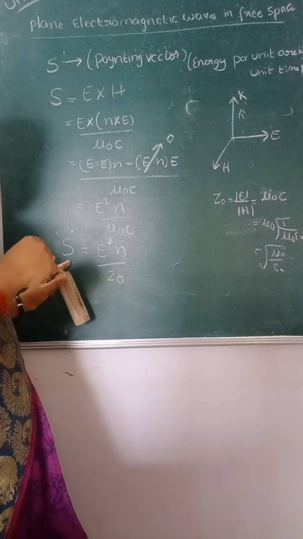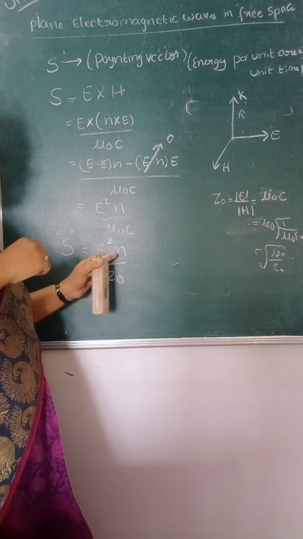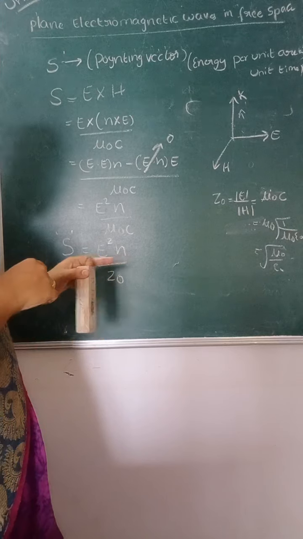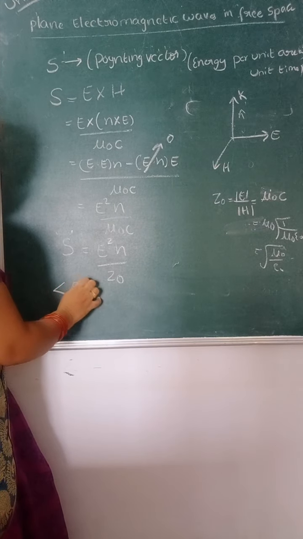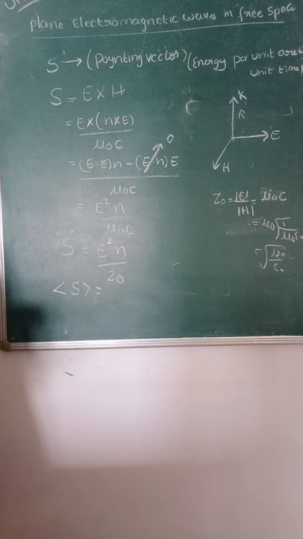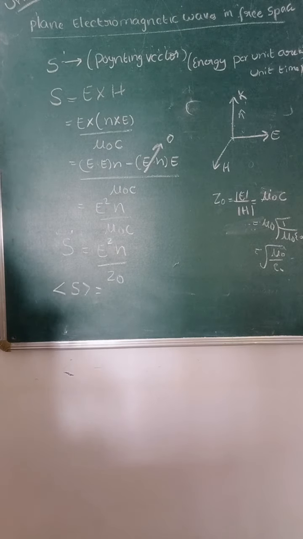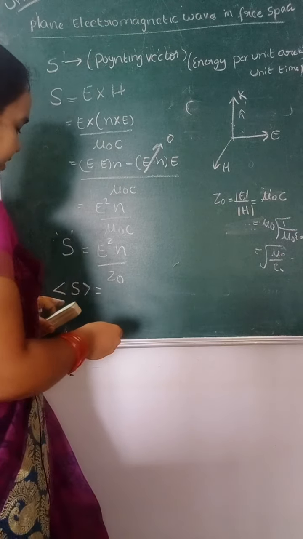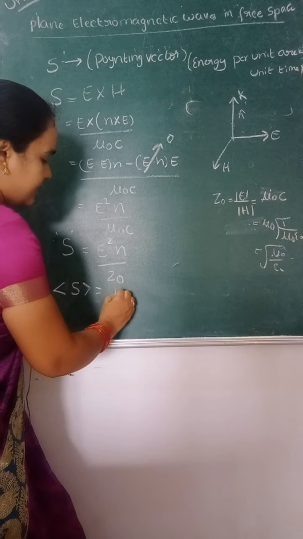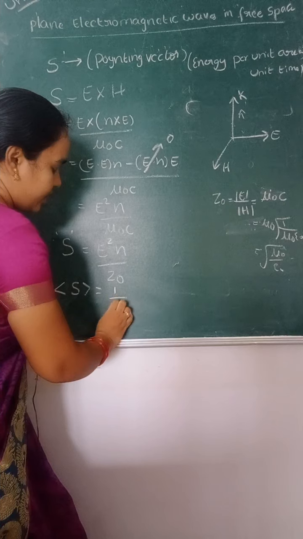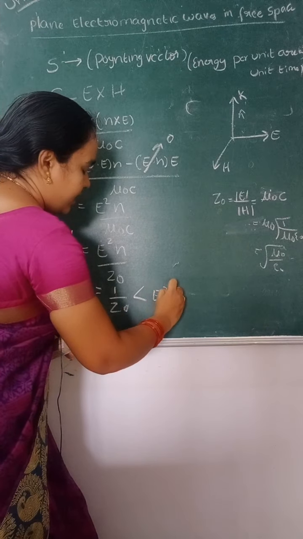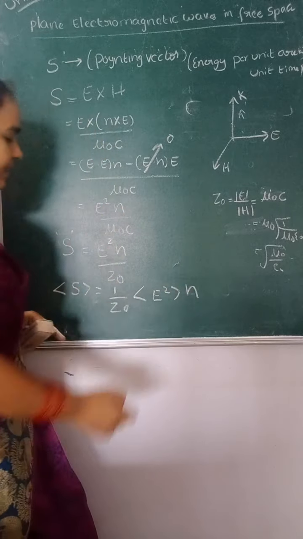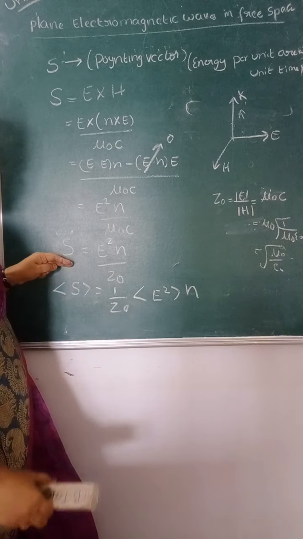The energy flows along the direction of the unit vector, and we can calculate the average energy flowing per unit area and per unit time. Here N is constant and 1 by Z naught is constant, so we take the average value of E square multiplied by N. So this is the Poynting vector.